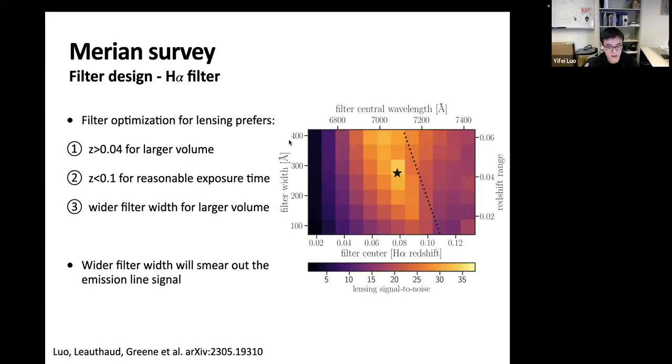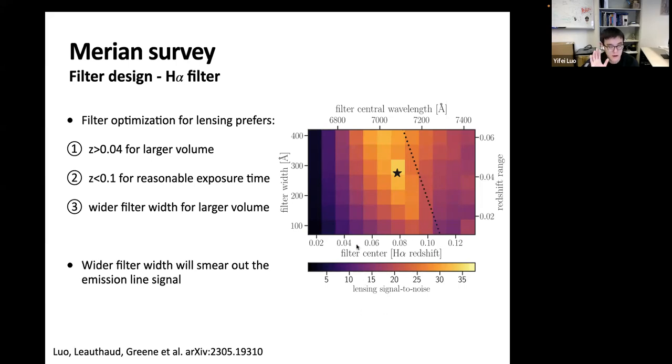So filter width is in angstrom, and the filter center for the H alpha on the top is in central angstrom, and on the top is the central redshift for H alpha. And this is colored by the lensing signal to noise.